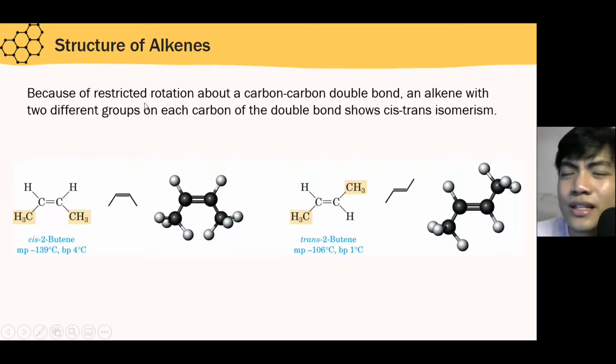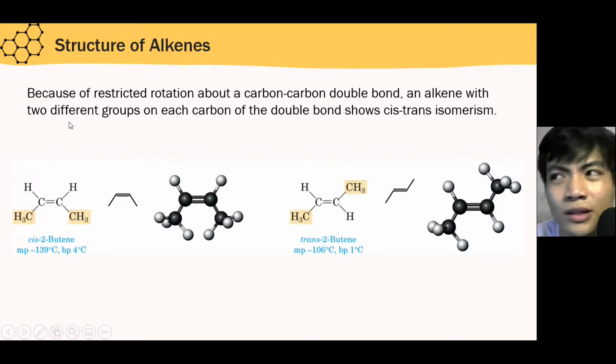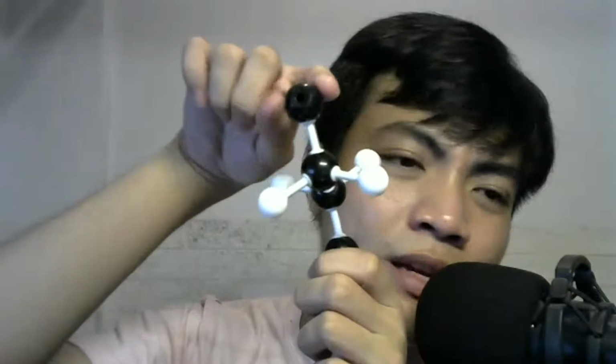And so because of this flatness, okay, or because of the presence of the double bond, the rotation of your atoms will be restricted. Okay, let me show you my models again. So remember that in our discussion for the alkanes, since you have single bonds, that means the rotation is free.